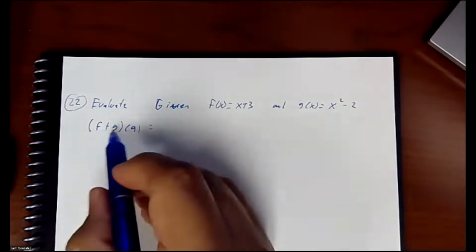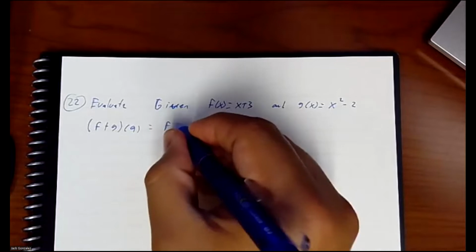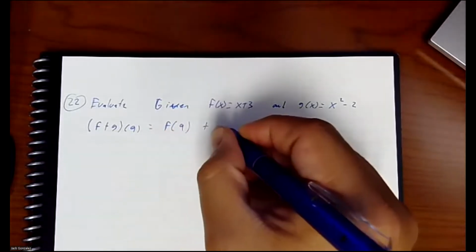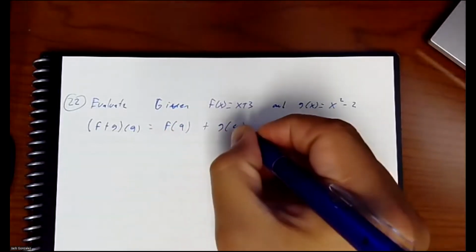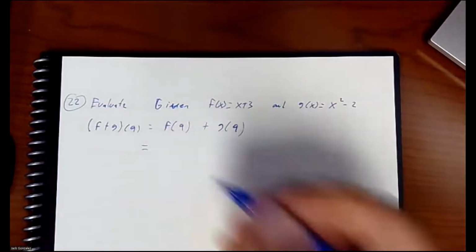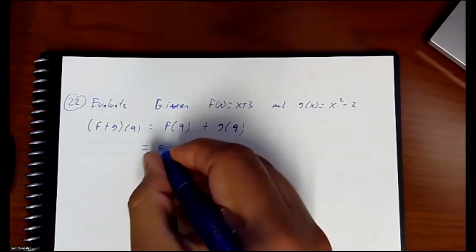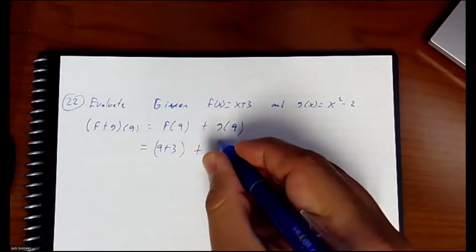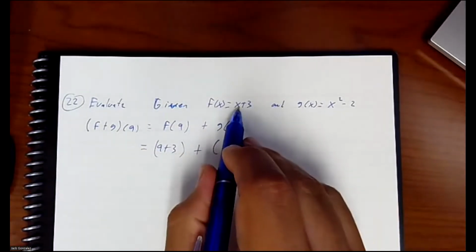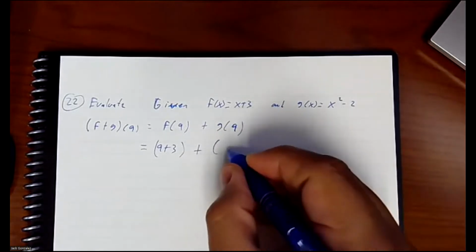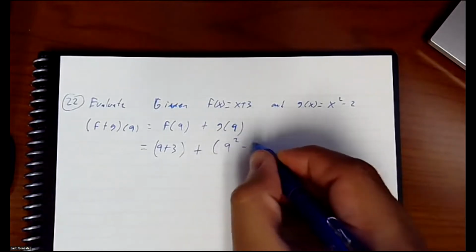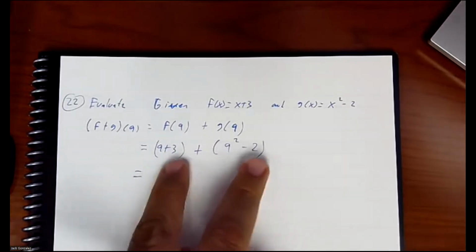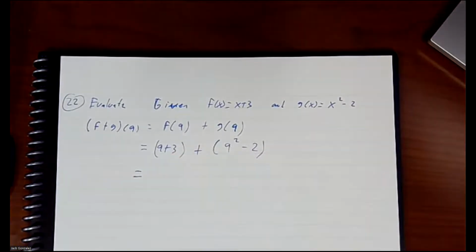Whenever you see this notation, f plus g, all that means is do f of 9 and then add g of 9. That's it. Nothing crazy. So this would become 9 plus 3, plus, you just plug that in right here, 9 squared minus 2. So there's my f and g right here.